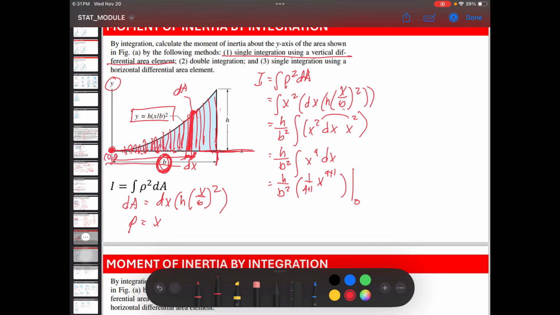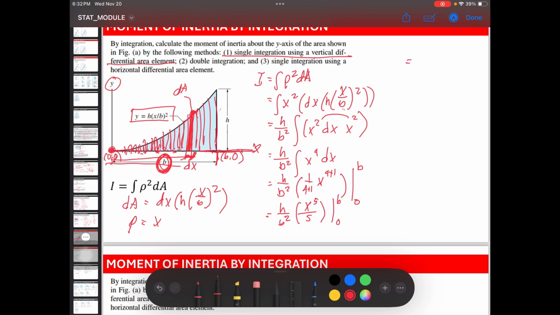This is coordinates niya. Doon, 0, 0, diba? Dito, it's b, 0. Dahil nasa x-axis, y coordinate is 0. And then, upper limit is b. Okay, so let's simplify. H, b squared, and then x raised to 5 and over 5. Let's evaluate sa 0 hanggang b.